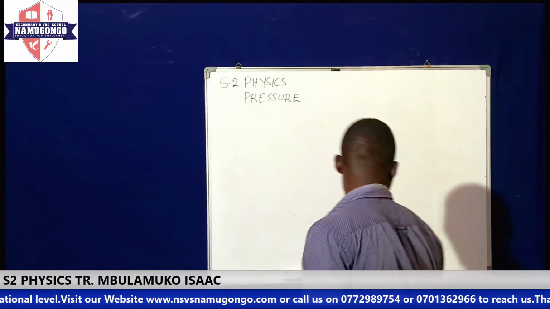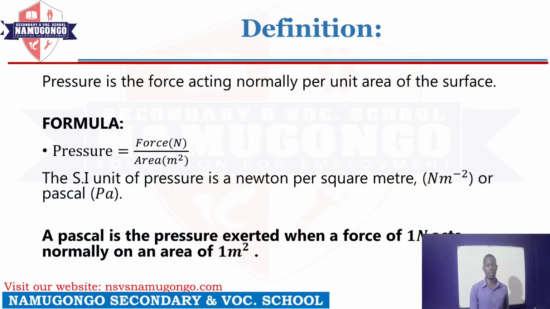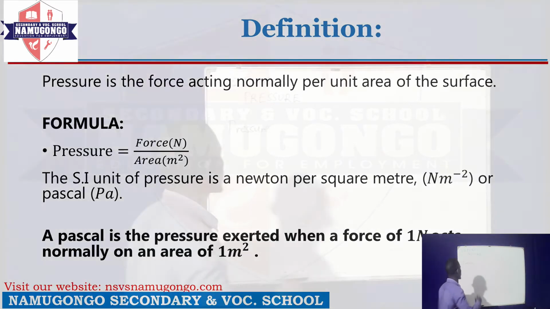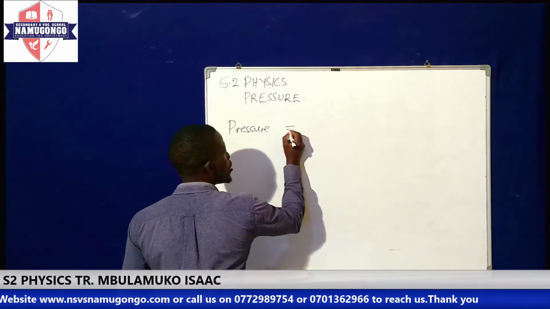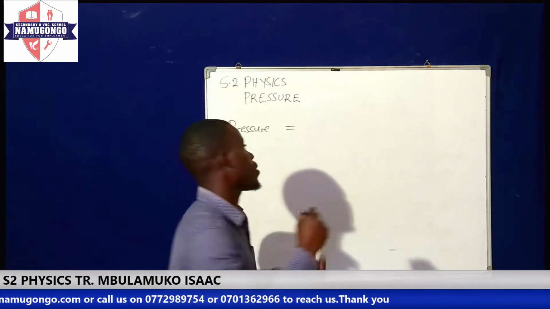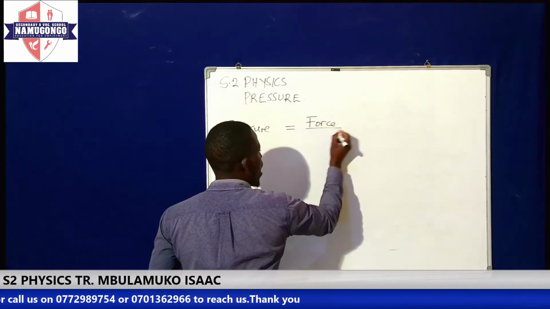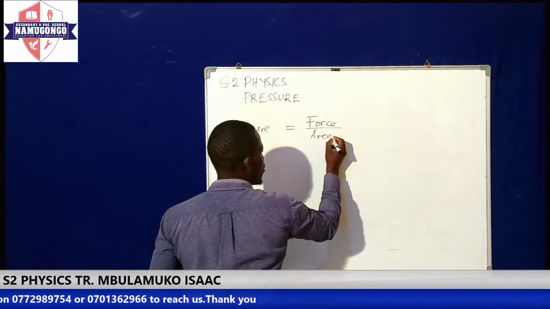Now when we come down on the slide, we look at the formula of pressure. In that formula, we see that for us to exert a pressure, we shall need a force. So pressure is given by a force being exerted on an area, and so it is force divided by a given area.